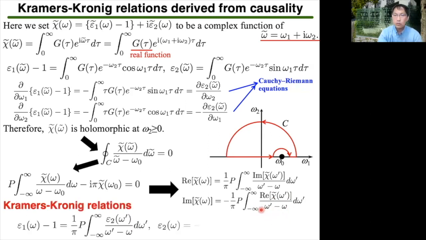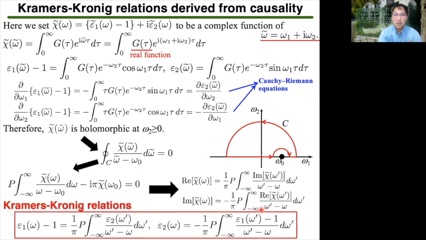This is known as the Kramers-Kronig relations, derived from the causality expressed using the dielectric function as these formulas. These Kramers-Kronig relations are often seen in other fields in physics because they reflect the causality in the physical quantities.